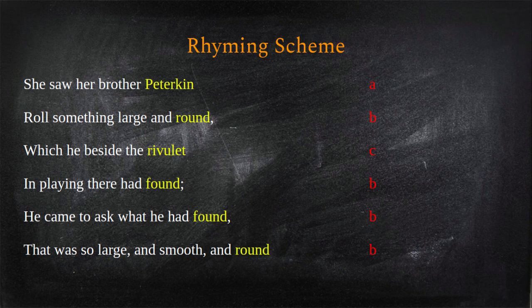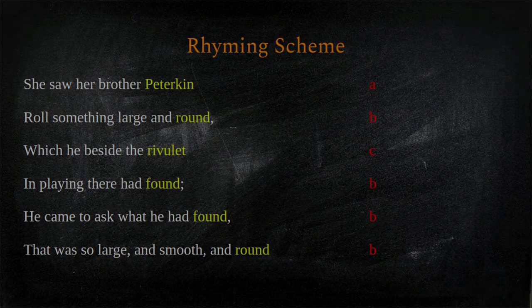The letter is B. So here the last line also will have the letter B. So the rhyming scheme is A, B, C, B, B, B for this stanza only. For the remaining stanzas, the rhyming scheme is A, B, C, B, D, D.